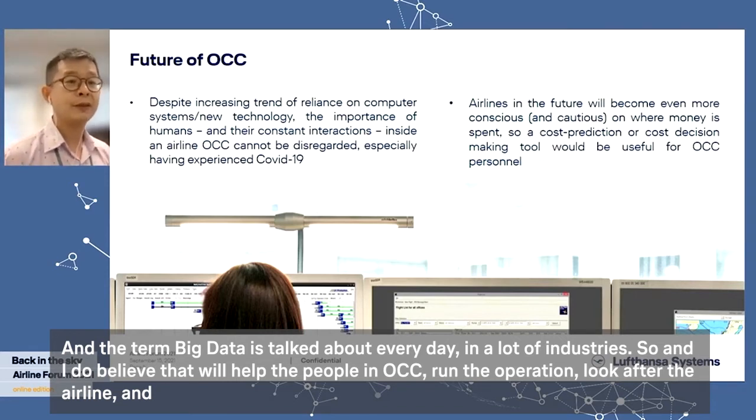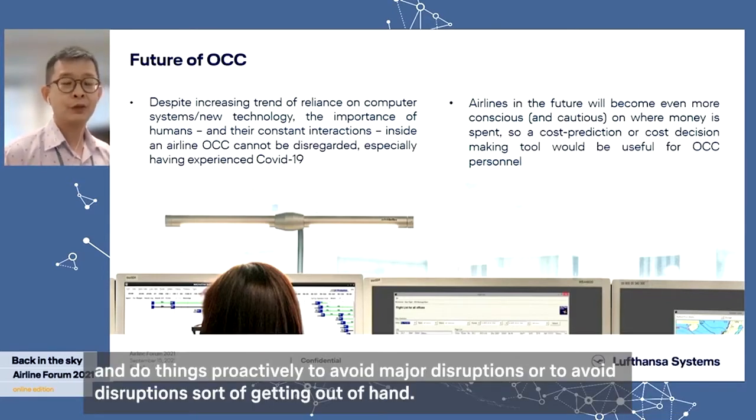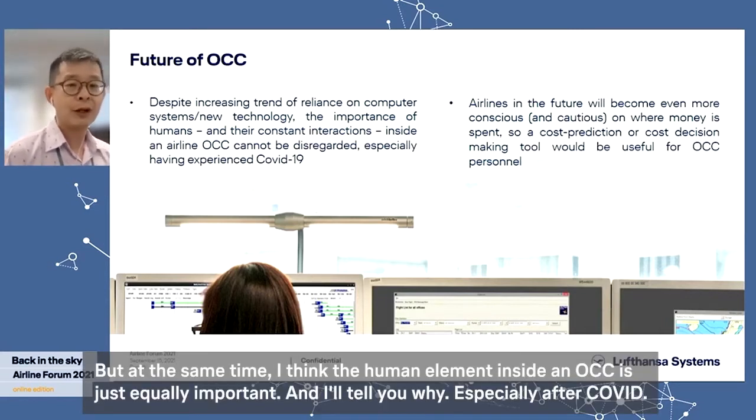And I do believe that will help the people in OCC run the operation, look after the airline, and do things proactively to avoid major disruptions or to avoid disruptions getting out of hand. But at the same time, I think the human element inside an OCC is just equally important.